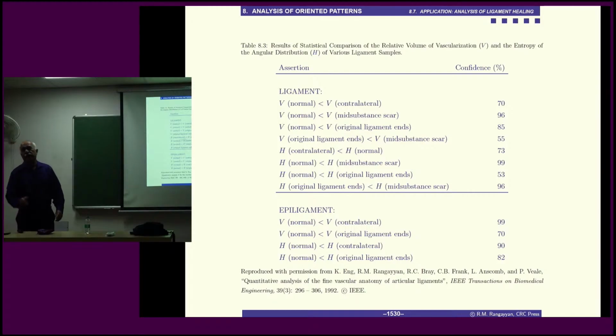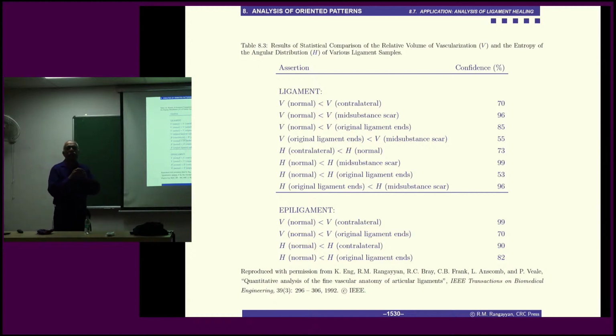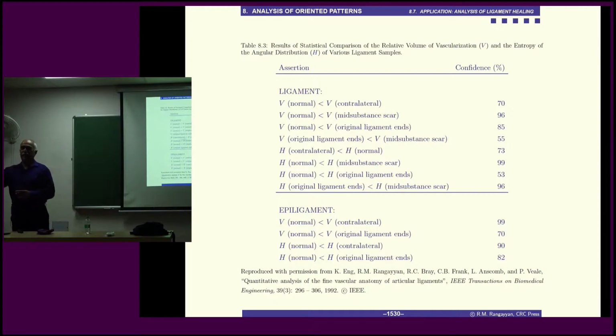Essentially, as I said at the outset, in the core of the ligament, there are not many blood vessels in the normal case. And the few blood vessels that do exist run neatly, parallelly aligned with the length of the ligament. In response to injury, more blood vessels are formed, and they don't have that parallel structure.